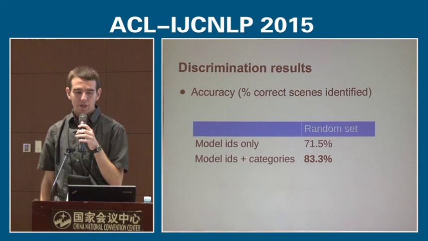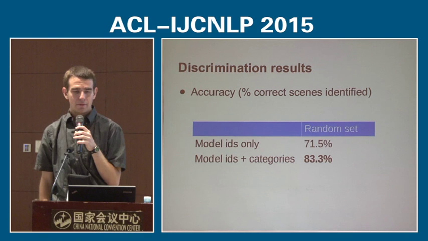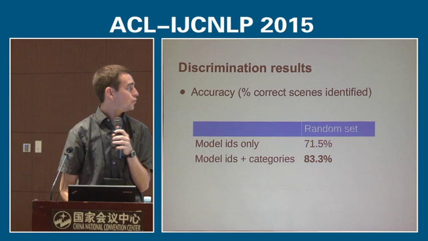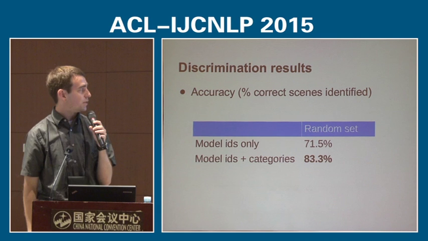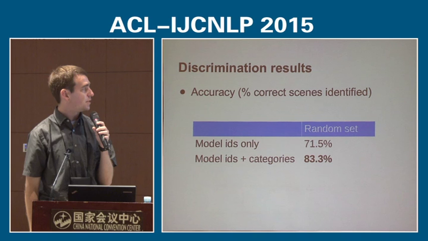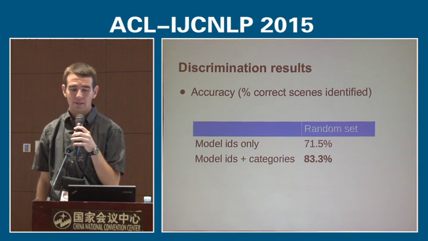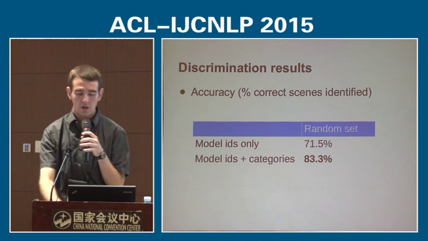And while I should mention that doing well at this task is not the main goal of this work, we do notice a substantial improvement in accuracy at scene discrimination when adding in the human tagged categories, that this gives us quite a bit more power to generalize.